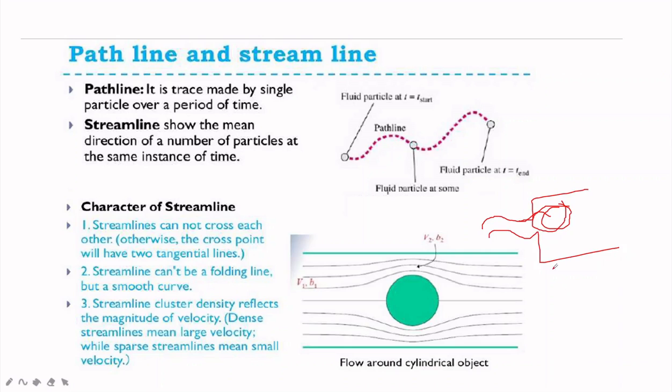It will not go like that. It will be smooth, it will take a turn directly. Here you can see the smooth curve, it is going like this. This is the property of the streamline and path line.